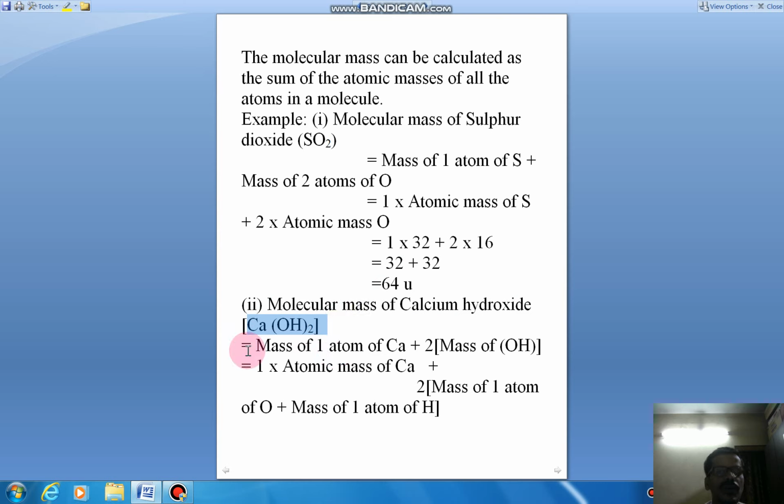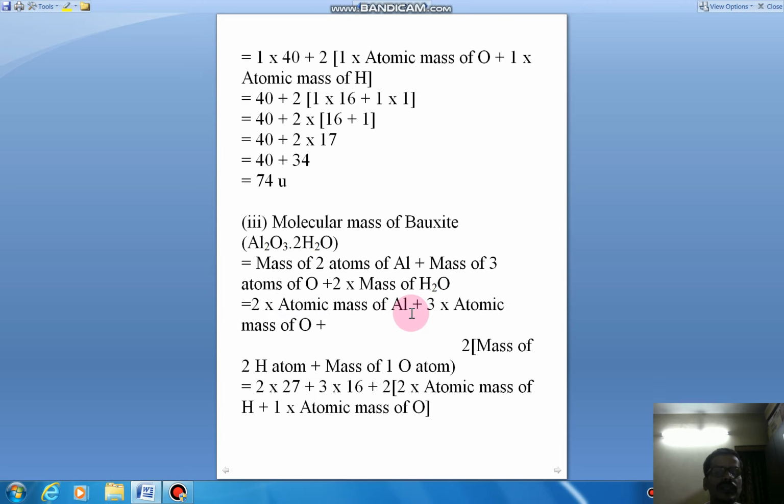Mass of one atom of calcium plus 2 into mass of OH. Because of (OH)2, the 2 is multiplied, though it is a lower subscript, with both O and H. So it becomes 1 into atomic mass of calcium plus 2 into the atomic mass of 1 atom of oxygen and the mass of 1 atom of hydrogen, because OH consists of 1 oxygen atom and 1 hydrogen atom.